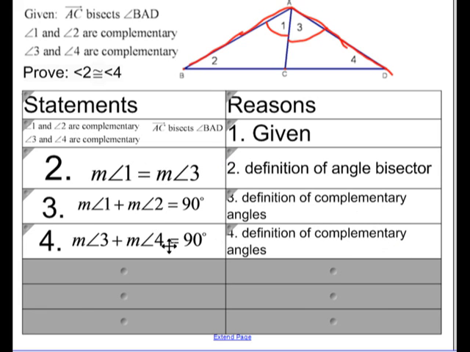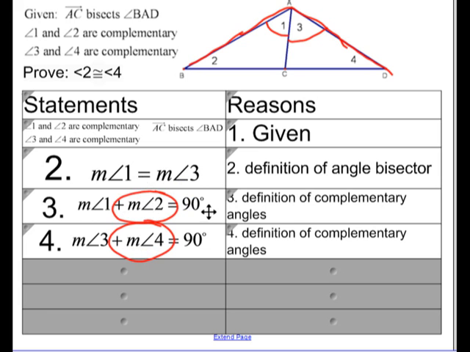Okay, so we've deduced everything we can from the given information. Now I take a step back, look at what I'm trying to prove. I'm trying to prove that angle 2 and angle 4 are equal. So I'm trying to look at statements that are going to connect angle 2 and angle 4 together. So I see angle 2 is in this statement. I see angle 4 is in this statement. So I want to try and connect those two equations together.